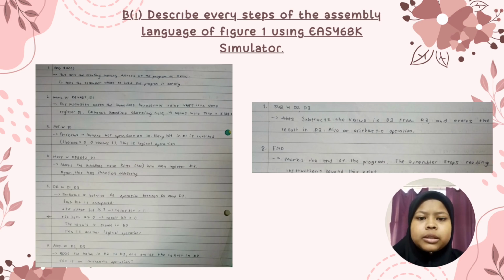The OR instruction combines D1 and D3 using a logical OR operation. After that, the add instruction adds D2 and D3, and the sub instruction subtracts D2 from D3. This shows how the Motorola 68000 processor performs data manipulation at the register level using both logical and arithmetic instructions.